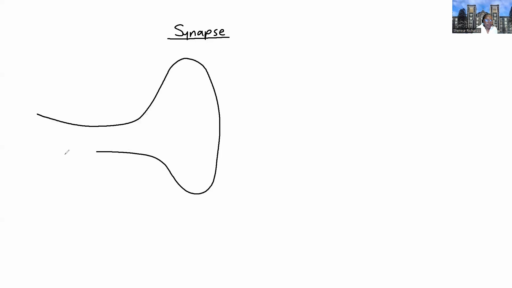At the synapse, our first neuron is a presynaptic neuron. Our second neuron is going to be the postsynaptic neuron.